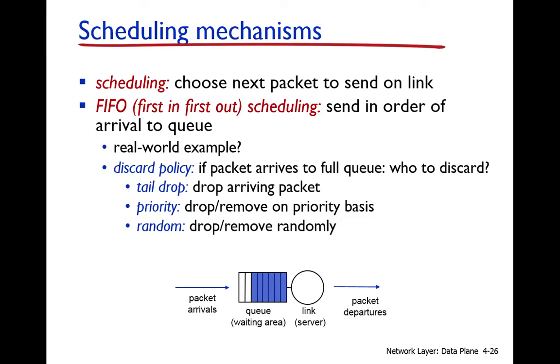The first one is called FIFO, first in first out. The packets are stored in the queue as they arrive. When the link becomes free and we want to transmit a packet, we will transmit the packet which came earlier, so the first one will be transmitted.